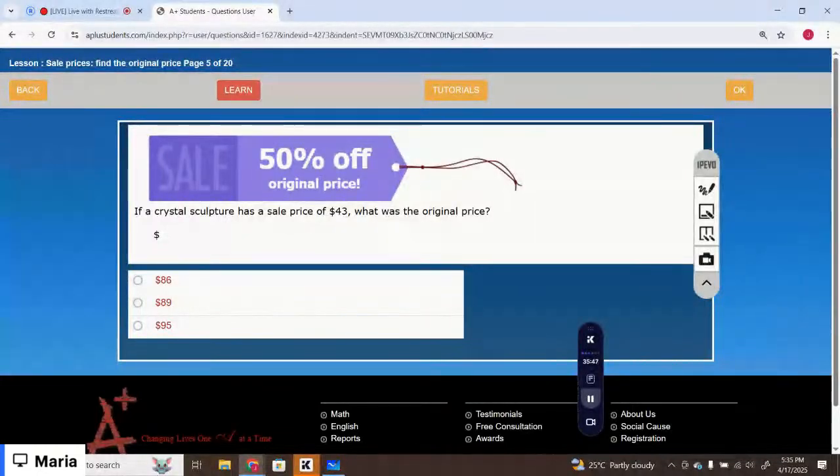So you paid 50%, which means half price. So the original price is $86.